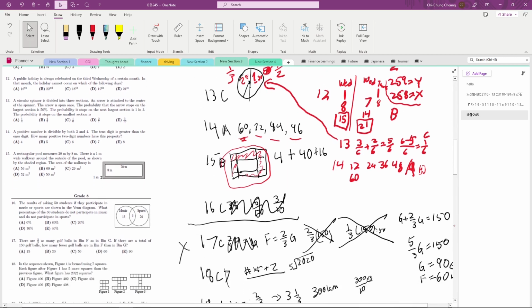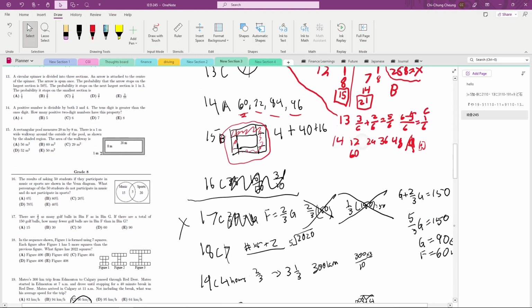That equals this is 4 times 1, because this square is 1 by 1. Next is 2 times this long rectangle, and we know it's 20. This is 20, so 20, and then 2 times the short rectangle, which is here, and this is 1 by 8.